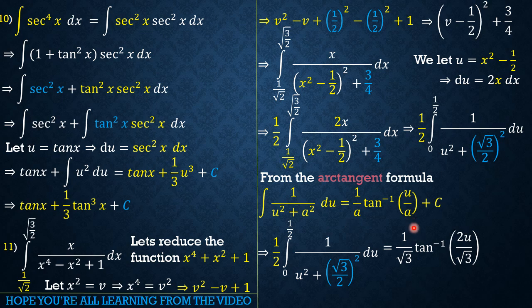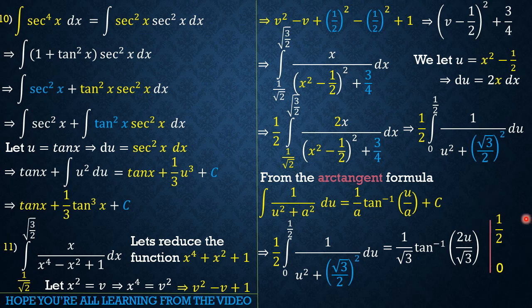So we are definitely going to have just 1 over root 3, since this 2 will cancel with this 2 on the bottom, then tan inverse of u over a. But our a is what? This, right? Dividing by this simply means moving the 2 to the top, and the numerator goes down to the denominator. That's what we have, friends. But the limits of integration, guys, are from 0 to 1/2. Great. That's what we have, friends.